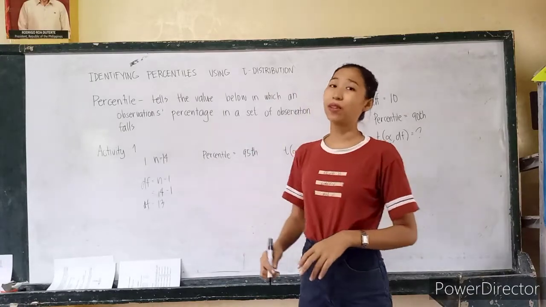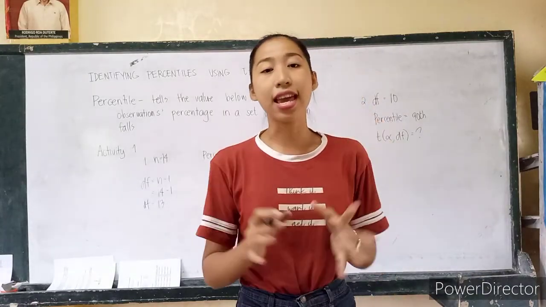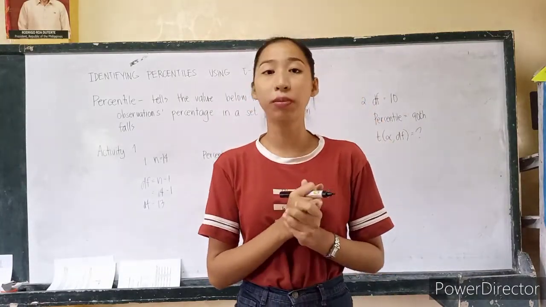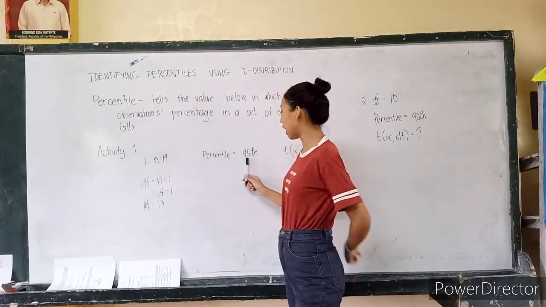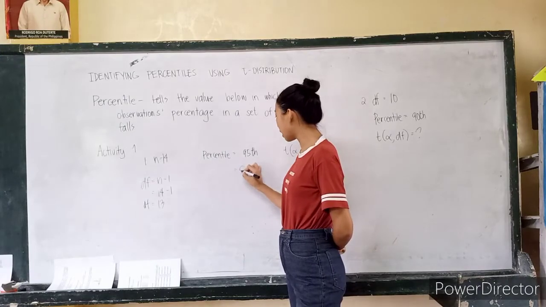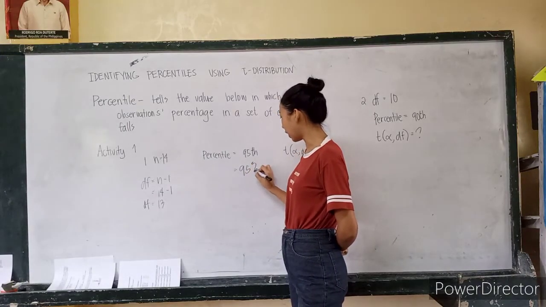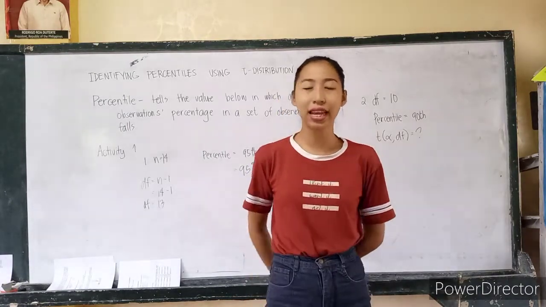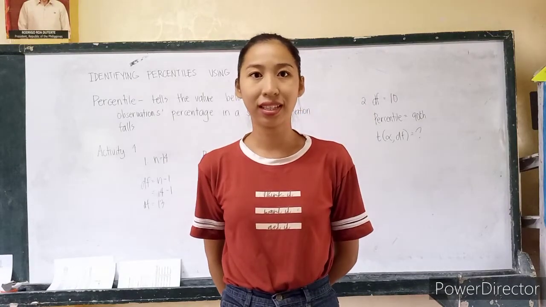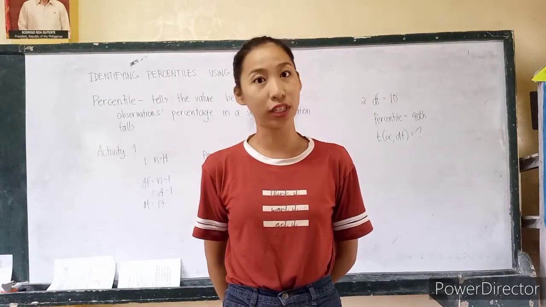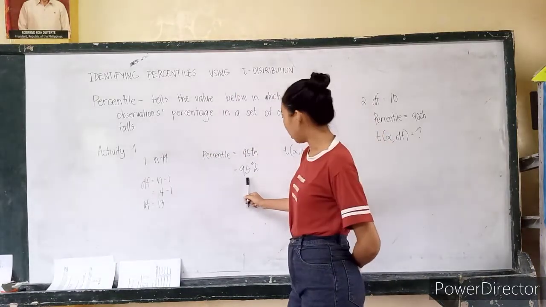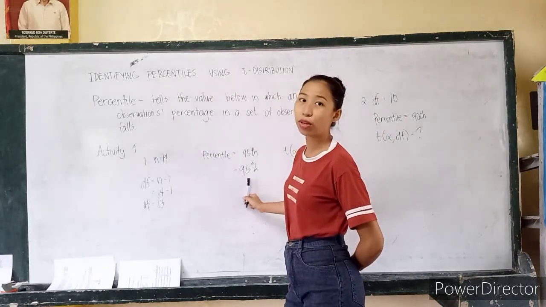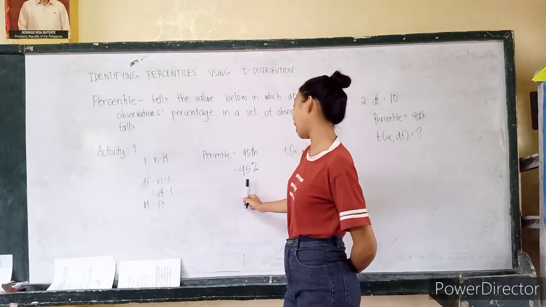Now, how about alpha? Alpha is not given, but we can obtain alpha using our percentile. Our percentile is 95th. That means this is 95%. The percentile and the percentage are the same. First, we need to convert it into a decimal value.